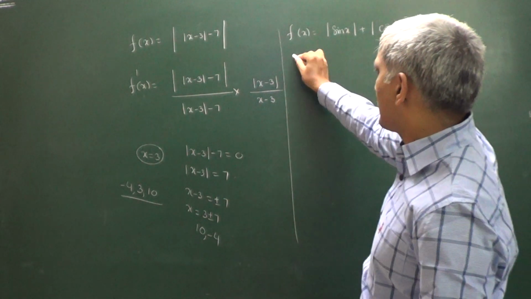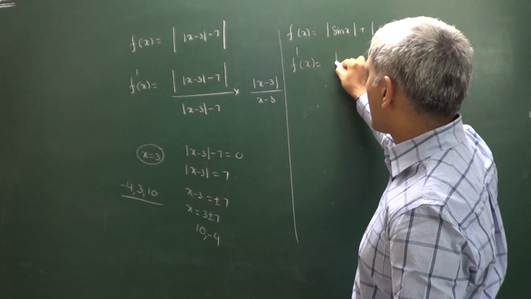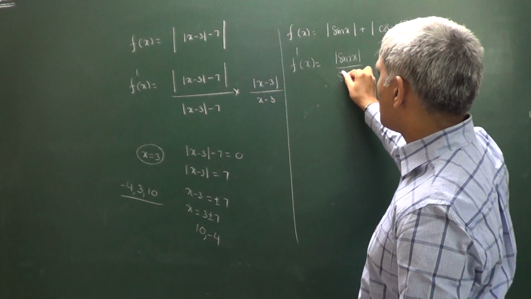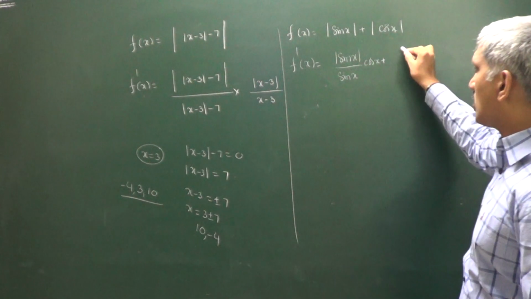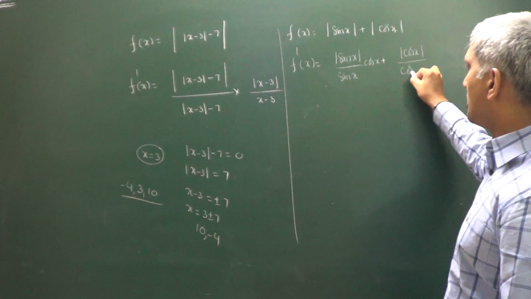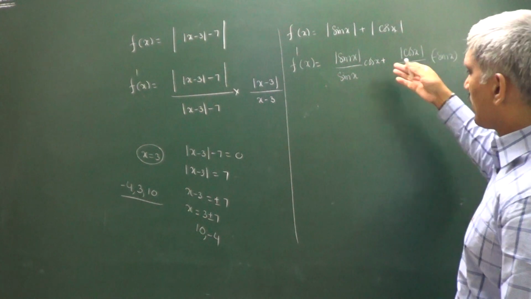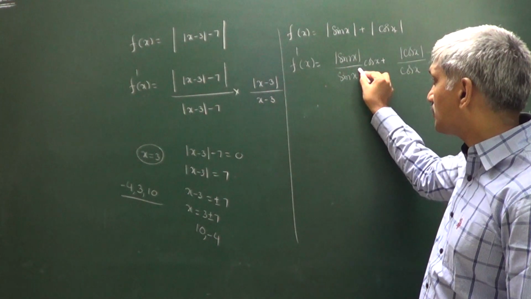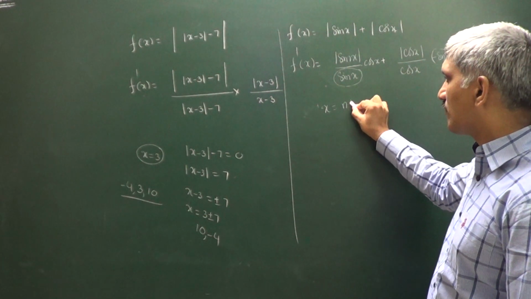So here also we can find out f'(x). f'(x) is equal to |sin x| differentiation, that is |sin x|/sin x, into inner function differentiation cos x, plus |cos x| differentiation, that is |cos x|/cos x, into inner function differentiation, minus sin x. Now f'(x) does not exist where the denominator becomes 0. That is in case of multiples of pi.